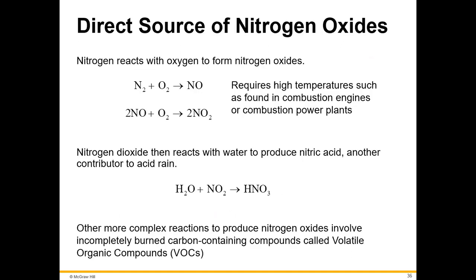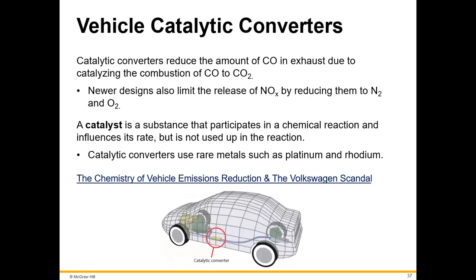Sources of nitrogen oxides in the air, it reacts with other substances. And in your car, you have something called a catalytic converter that's there to reduce the amount of carbon monoxide, which is good. And there's a nice little video link here that you can go check out and watch.